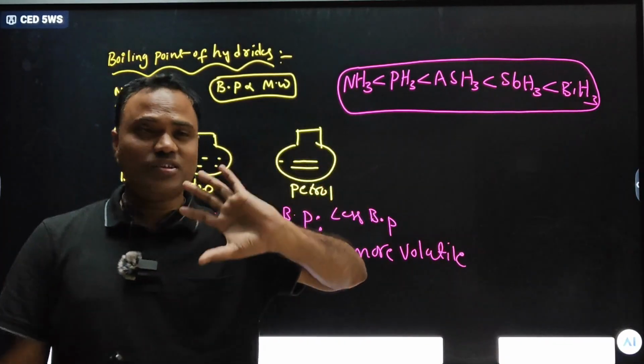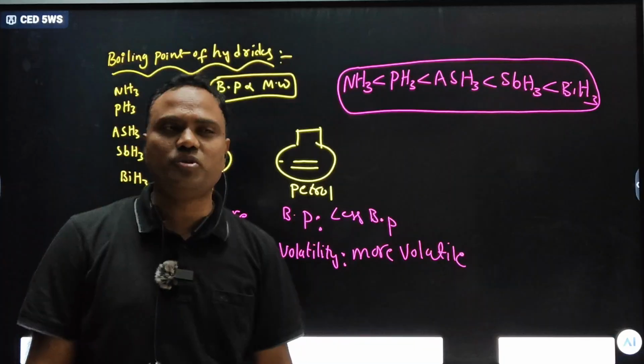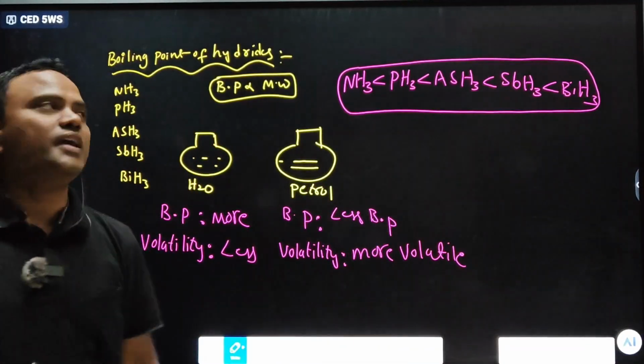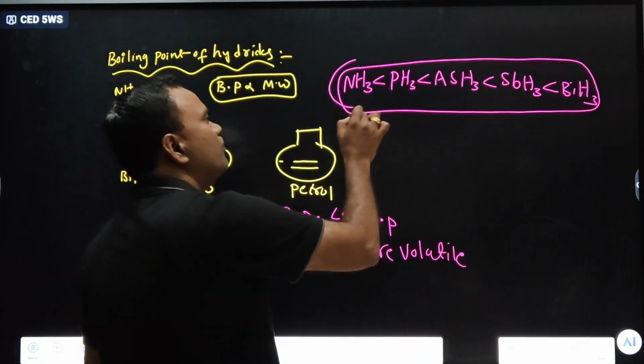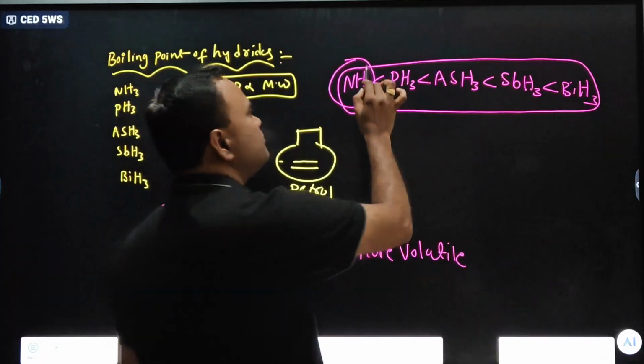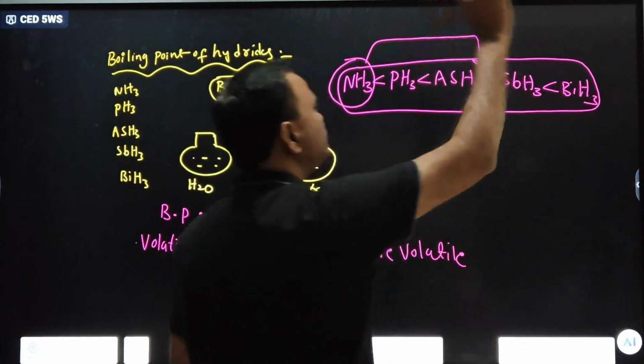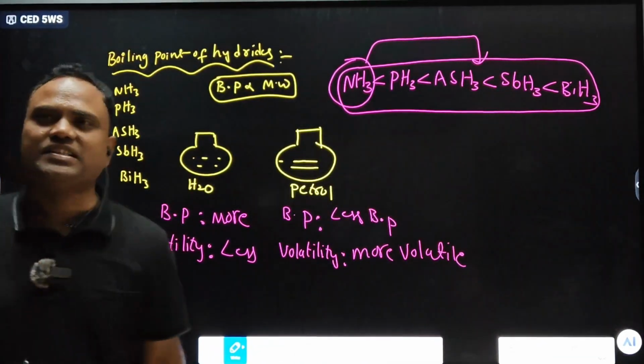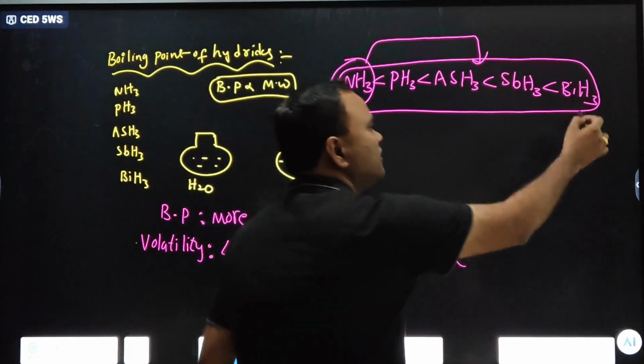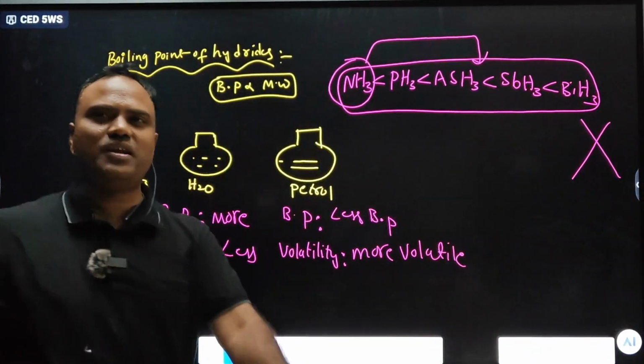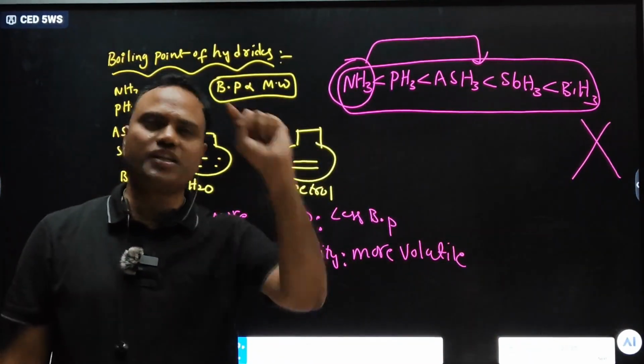In first year, we have one concept: consequences of hydrogen bonding. Because of hydrogen bonding, ammonia's boiling point is more than that of PH3 and AsH3. This is the expected order, but it is wrong. We explained this under consequences of hydrogen bonding in chemical bonding.